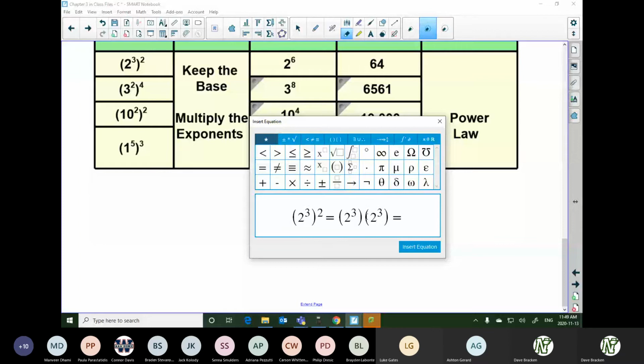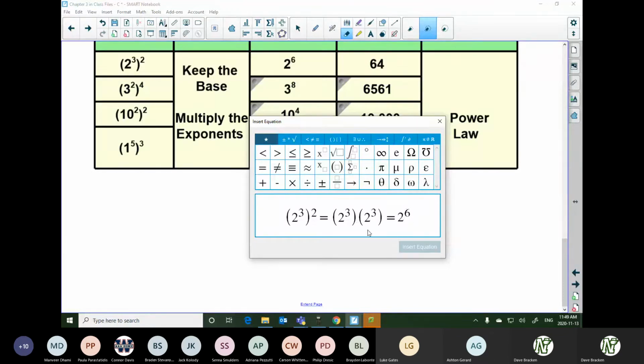Well, 2 to the power of 3 is just 2 times 2 times 2, and 2 to the power of 3 is just 2 times 2 times 2. There's 6 of them. Do you remember the multiplication rule where we add those together? It's just 2 to the power of 6. If I were to expand this out, I get 2 times 2 times 2 times 2 times 2 times 2, and there's 6 2's all being multiplied together.